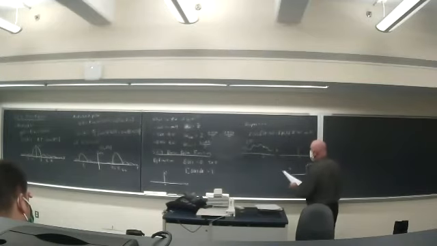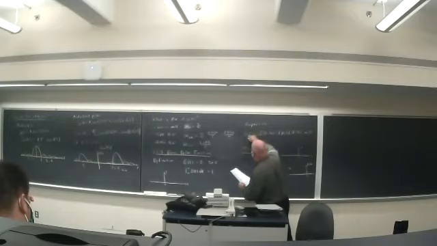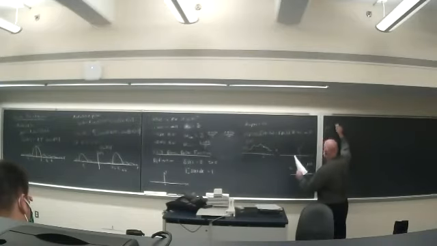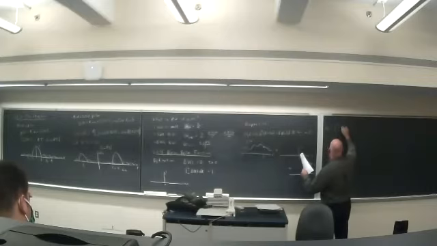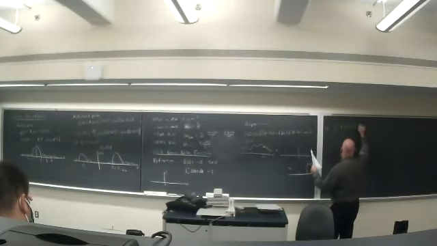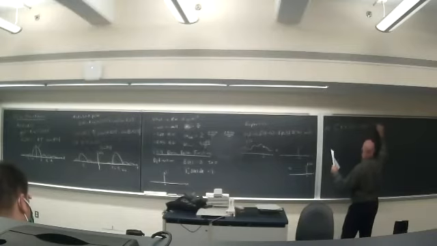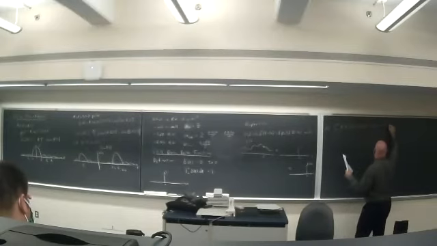And then property 2 is what's called the sampling property of the delta function. The integral of f of t times delta t minus t0 dt is equal to f of t0. This is called the sampling property.